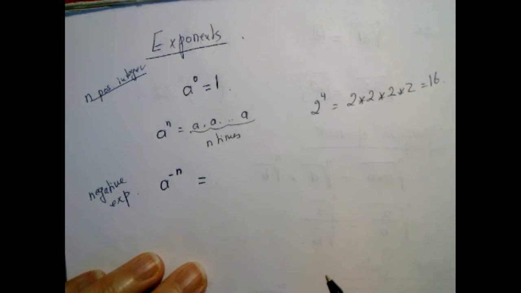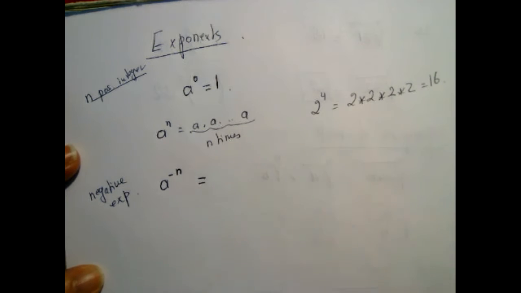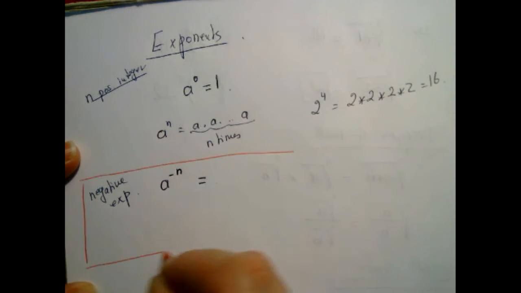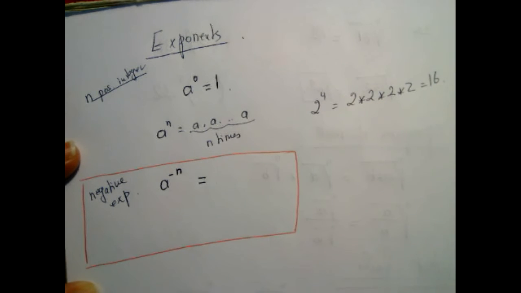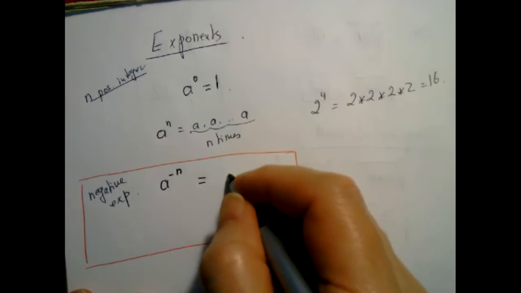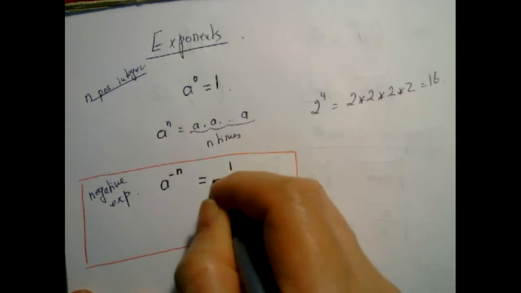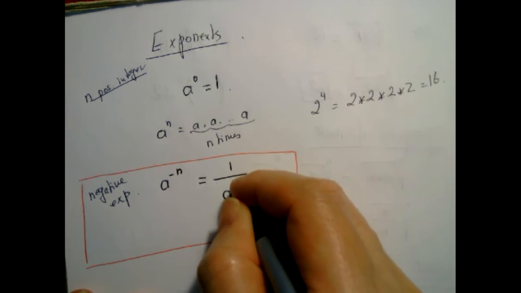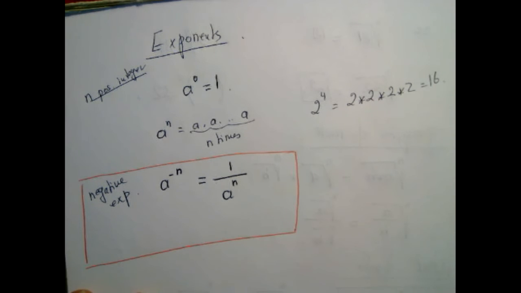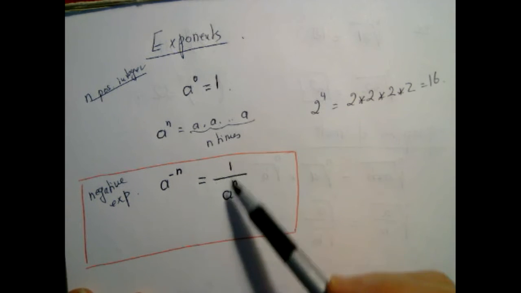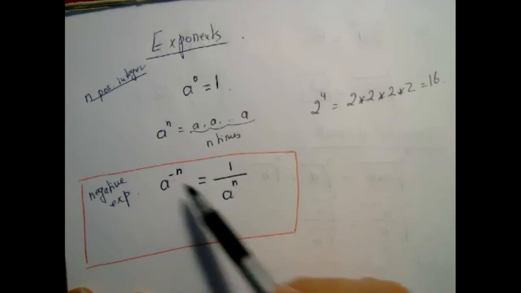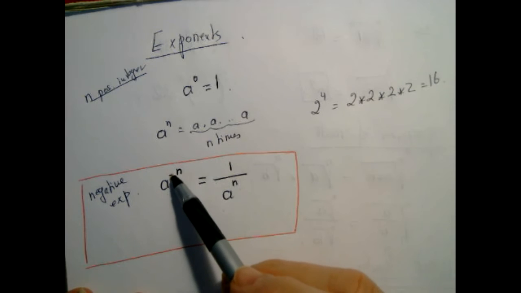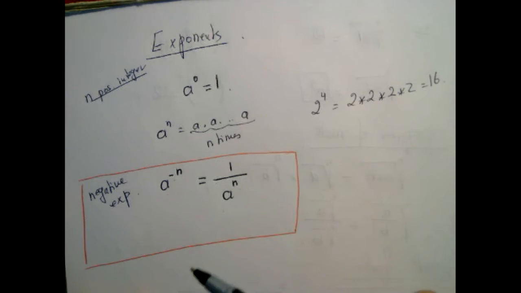What does 2 to the minus 3 mean? Anybody has any recollection? Okay, this means 1 over a to the power n. So a to the minus n, if you have a negative exponent, is 1 over a to the n. The minus n goes to the denominator and becomes a to the n.